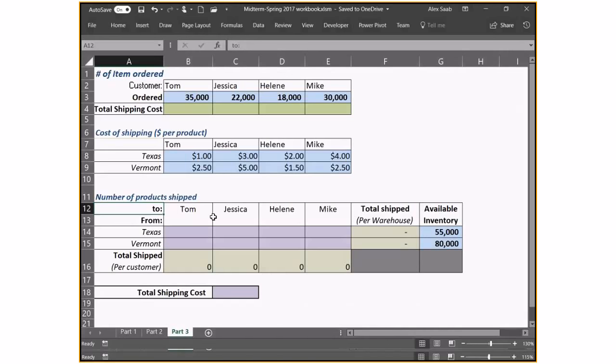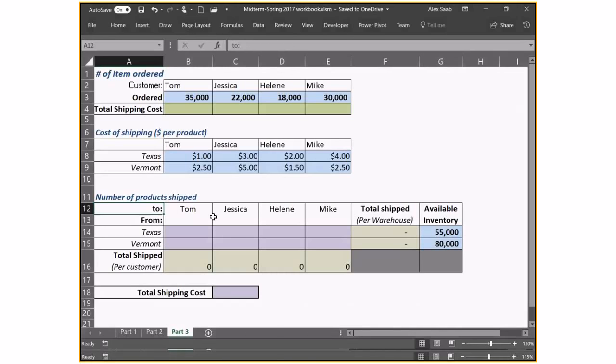So we have orders by 4 people, 35,000 for different amounts. Let's say for simplicity you sell one item, but you have two distribution centers, one in Texas, one in Vermont.